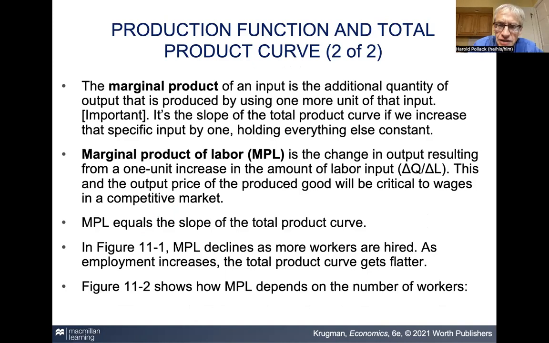But so the marginal product of labor is I keep everything the same in the factory, but just have one more worker and say, how many more widgets do I get because I brought in that one worker? Usually the marginal product of labor declines as you hire more and more workers, at least once you're at a reasonable scale in production. Okay.